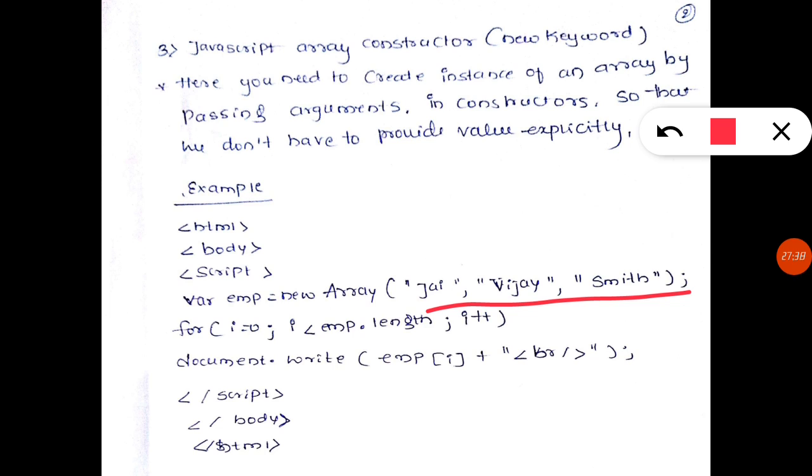By passing arguments to the constructor, we can create the array. And you have to place the opening and closing brace here. I forgot to place that.